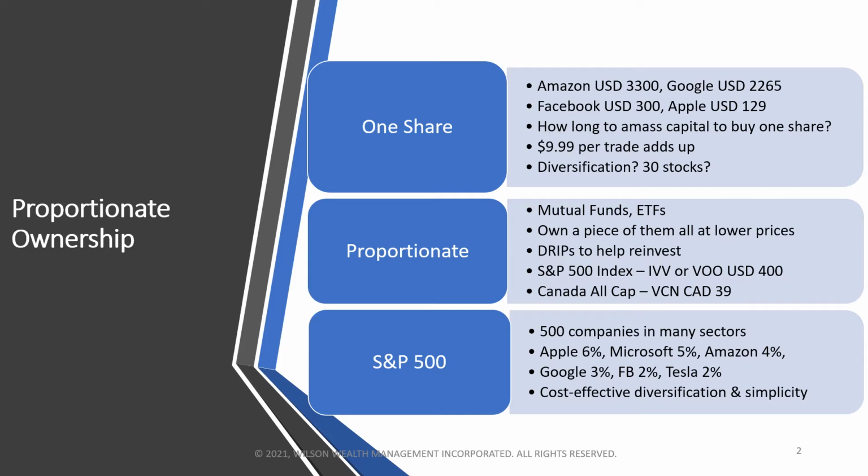And the reason I talk about one company is if you go back to our discussion on risk, there's non-systematic or stock-specific risk attached to each company. So you're getting no diversification by buying one share of Amazon.